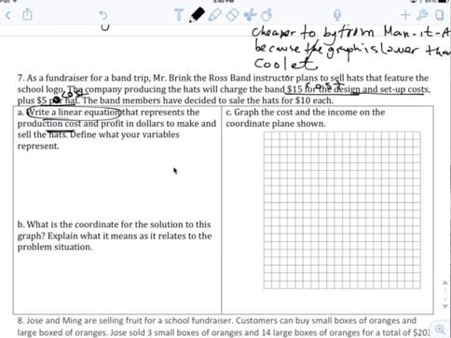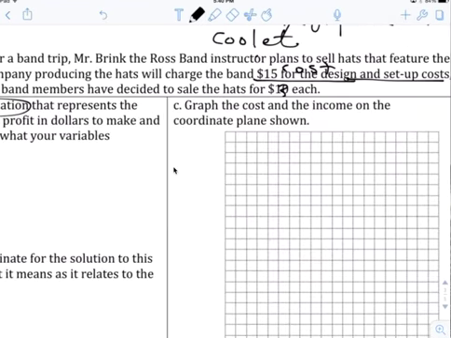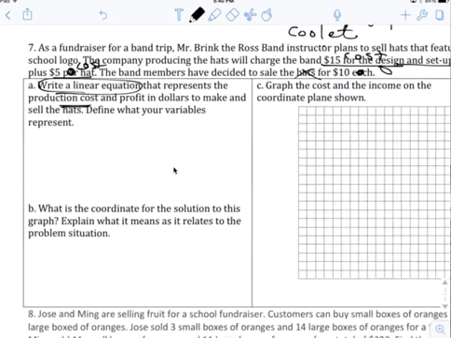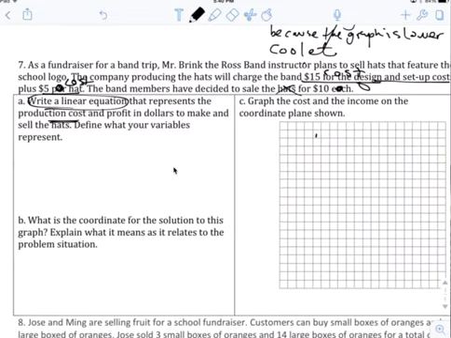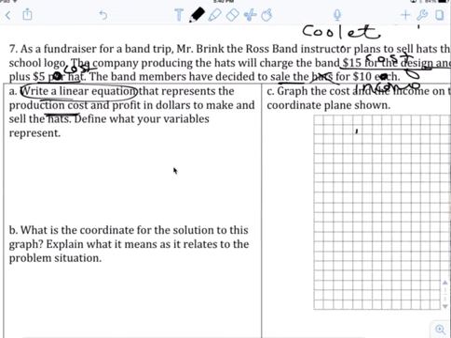The band members have decided to sell the hats for $10 each. Okay? I'm getting tired, you guys. $10 each times x, the number of hats, 10x. So write a linear equation for cost. That you're selling it, so this is income. Define your variable.